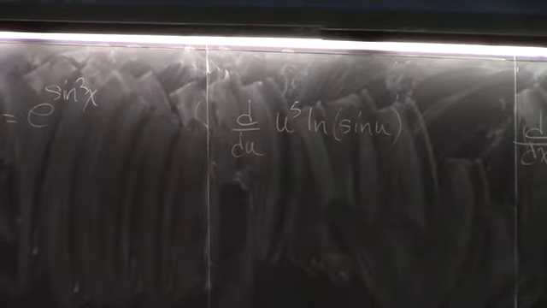If you were actually working with the log of sine of u, you have to define the function more carefully. You have to say sine of u has to be between 0 and 1, not including 0. I know you guys don't lose sleep over that.